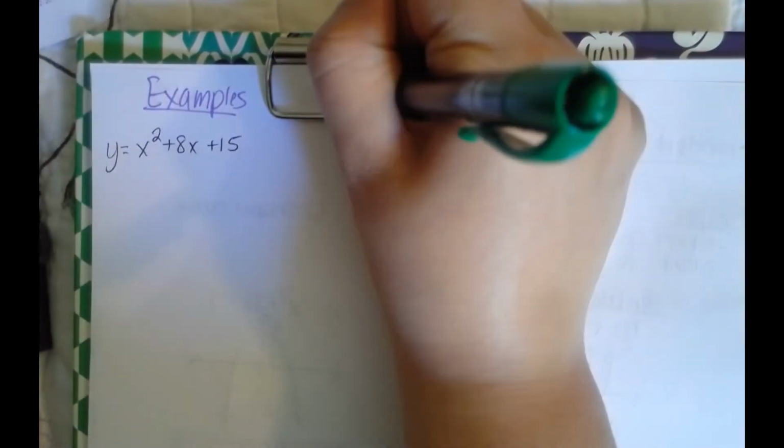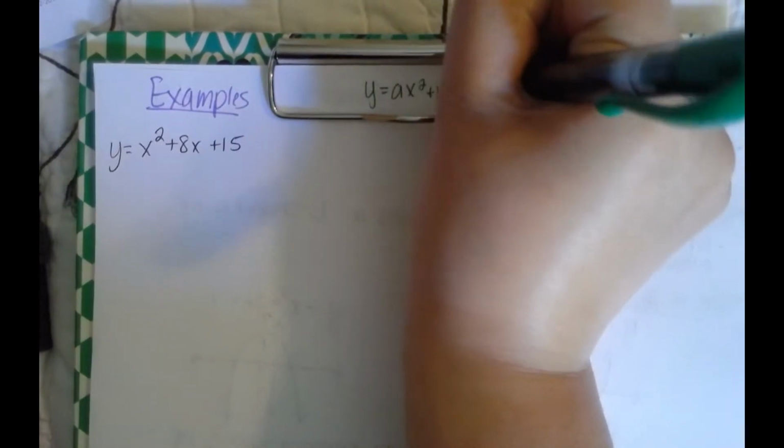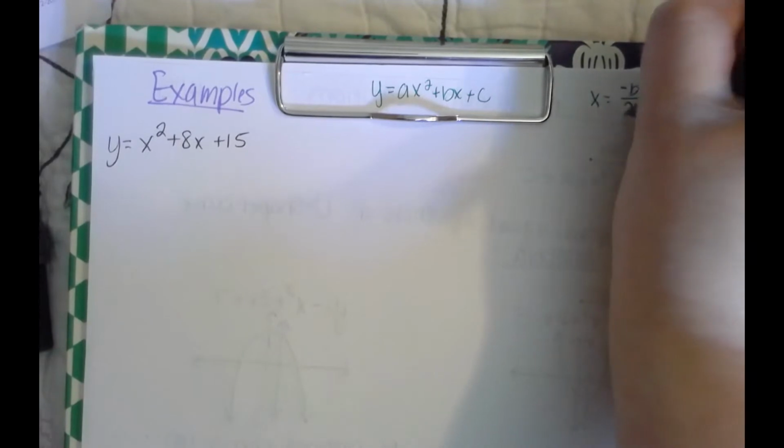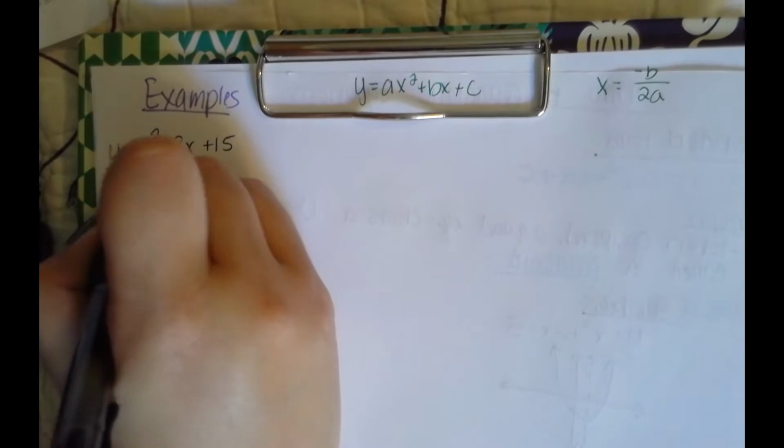If we have the quadratic equation y equals x squared plus 8x plus 15, I want you to remember that the formula for a quadratic equation is y equals ax squared plus bx plus c. And to find your axis of symmetry, you gotta take negative b divided by 2a. So the first thing to do would be to identify your a, your b, and your c.